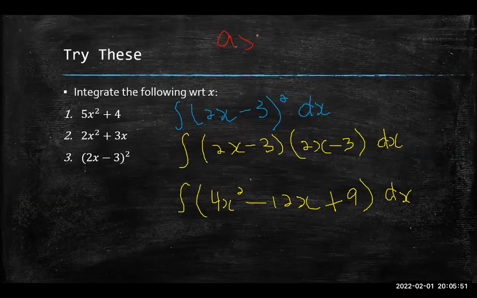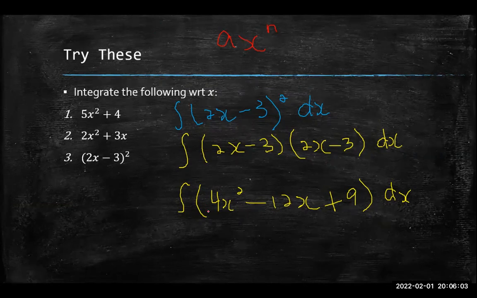But for integrals, we need the terms in this form. By expanding my brackets, I did that. 4x squared is in this form: a would be 4, x is x, and n is 2. Looking at minus 12x, a is minus 12, x, and n would be considered 1. In this case, the C value will be 9.